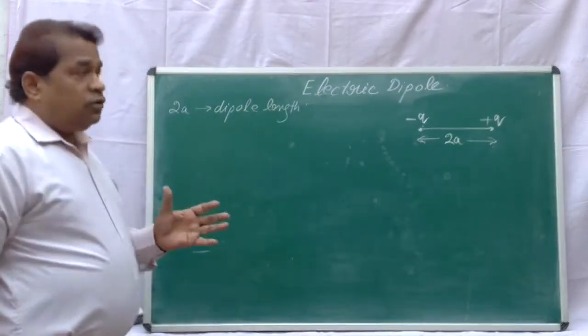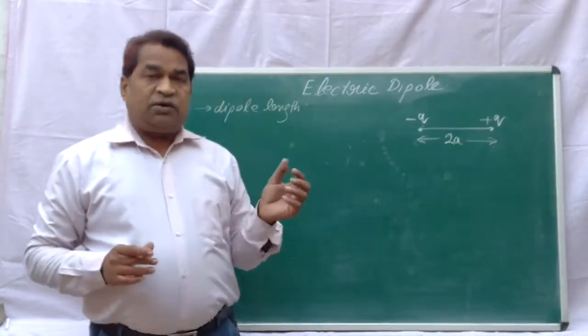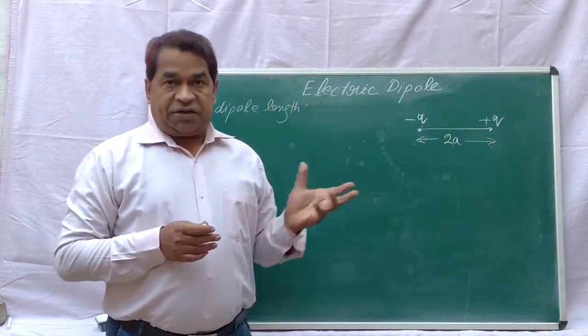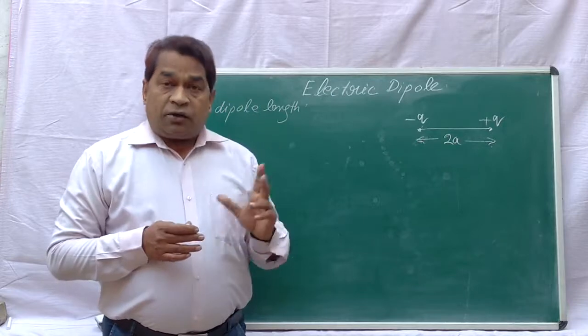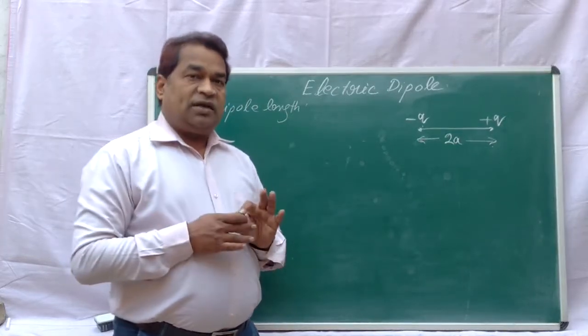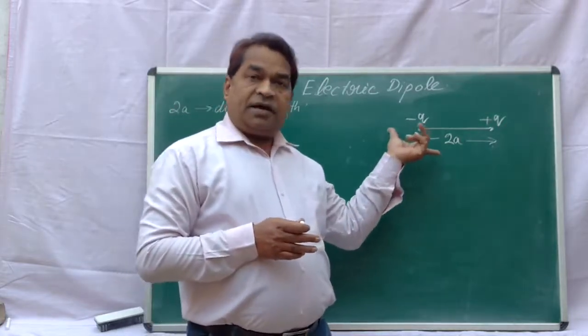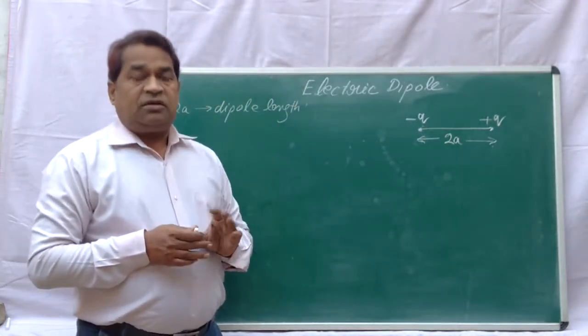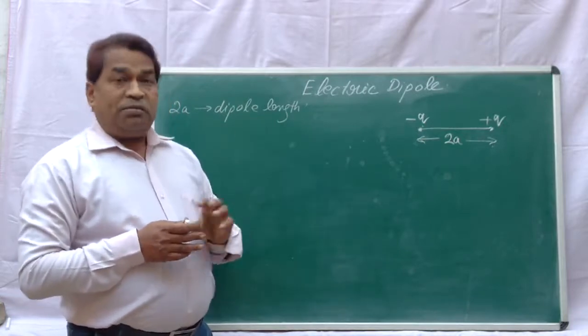Clear? So how will we define an electric dipole? A group of two equal and opposite charges separated by a small distance is known as an electric dipole.